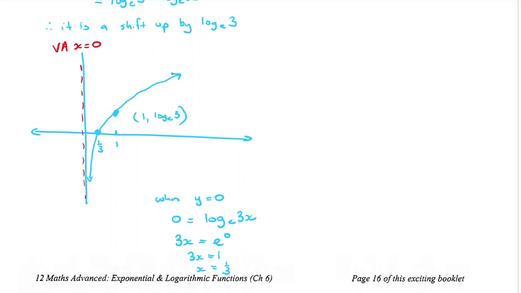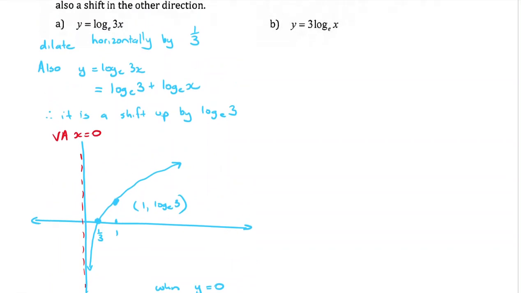Okay, I think we have one final graph to draw. B. Y equals 3 log e of x. The 3 is in front of the logarithm, so it's not really with the x. So instead, we move it over to the other side so that it's with the y. Okay? So y over 3, that's in the right form.